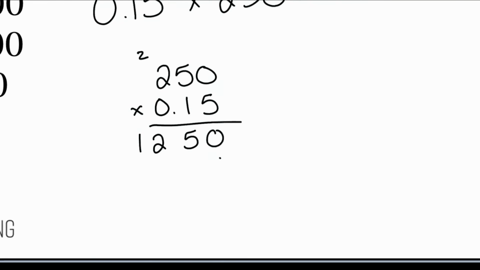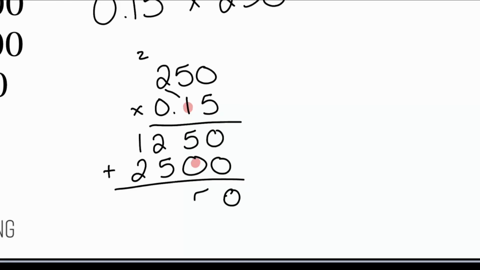Next row, we'll tackle a 0 immediately so we can move over and deal with the 1. So we have 1 times 0, 1 times 5, which is 5. And then lastly, we will have 2 times 1, which will be 2. So with that, boom, 0 plus 0, 5 plus 0, 2 plus 5, and then 1 plus 2.